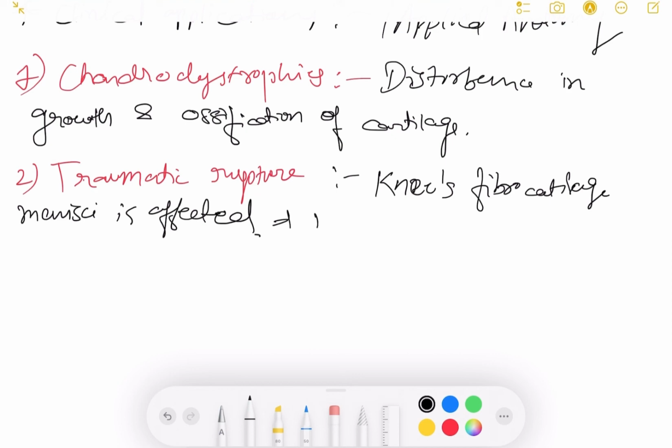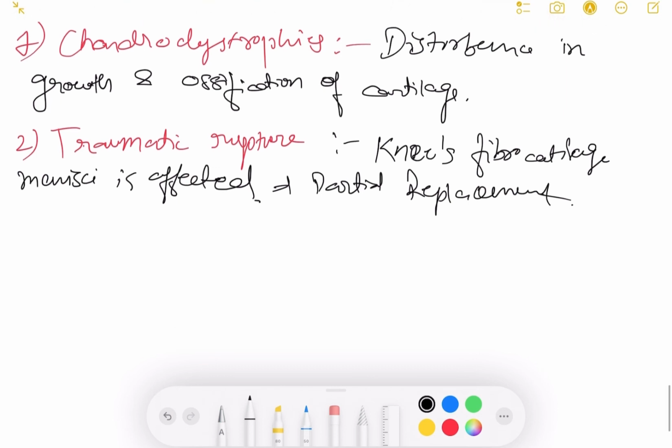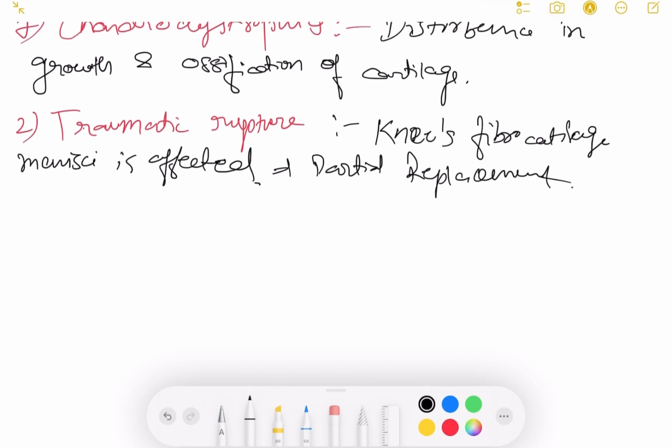And the treatment is partial replacement. I am telling you this so you remember the example and can easily remember this disorder: fibrocartilage means menisci, and menisci is associated with the knee.